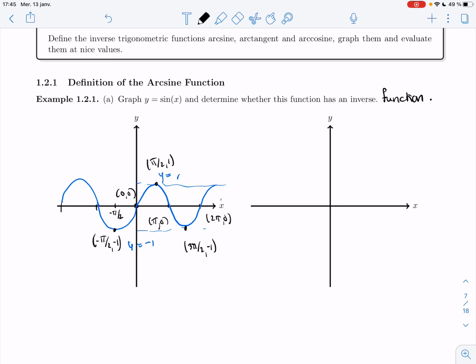So if I flip this, I'm going to get 0, 0 still. I'm going to get pi on 2, 1. I'm going to get 0, pi, and then I'm going to go on the other side. I'm going to have 3 pi, -1, 3 pi on 2.